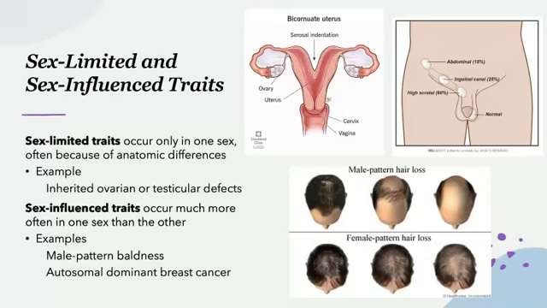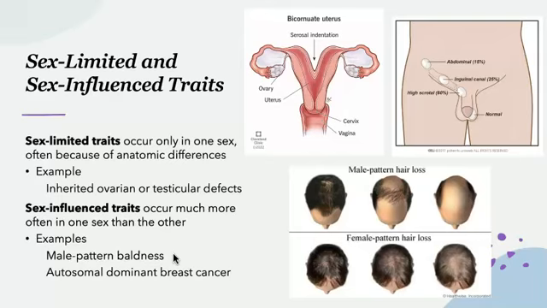So here we see that the sex-limited traits are going to have more to do with those anatomical structures, whereas when we talk about sex-influenced traits, these have more to do with hormonal levels. So this can be a trait that can happen to either one of the sexes, but is more prone to happening in one sex versus the other. So an example of this would be male pattern baldness, where the gene for baldness is present in both males and females, but the expression depends on testosterone levels.